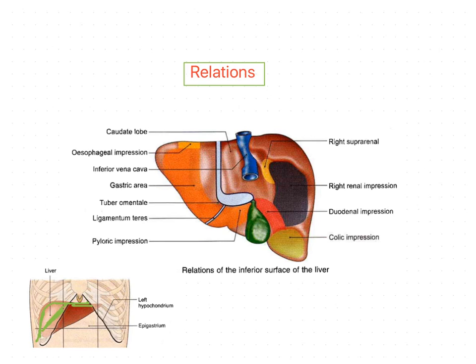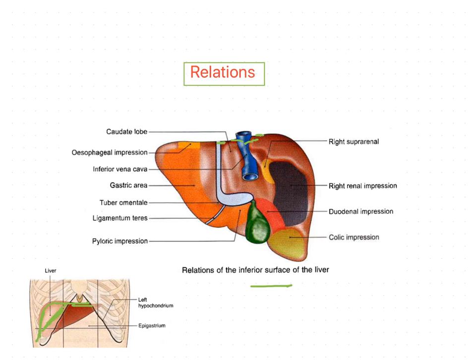Okay, if you see the posterior surface, so this is an inferior surface, but we can see the posterior aspect here. It is a small and triangular outline. In the middle there is a depression which is produced by the vertebral column, and the fissure for ligamentum venosum.